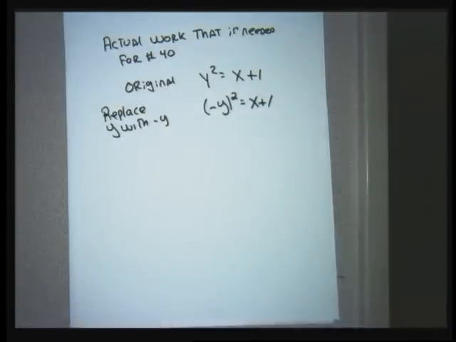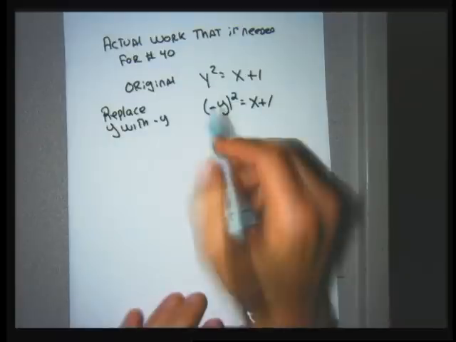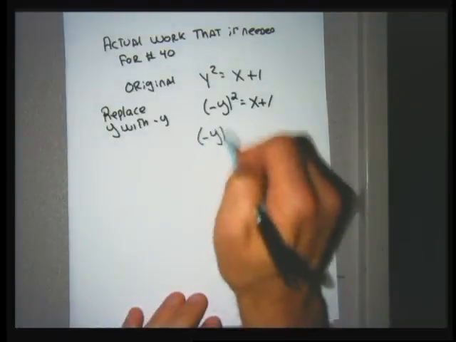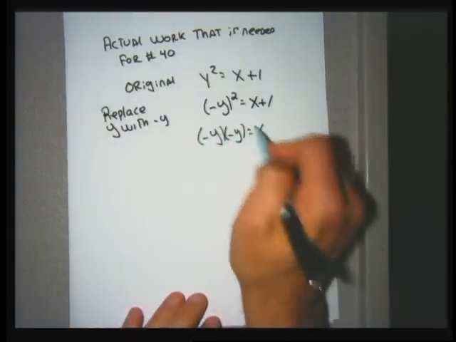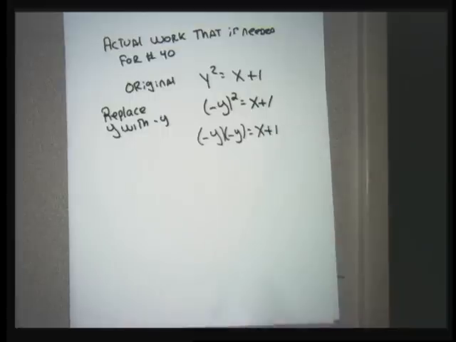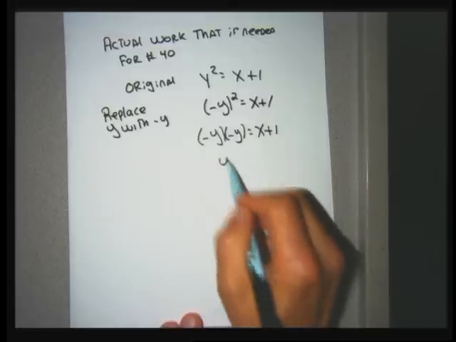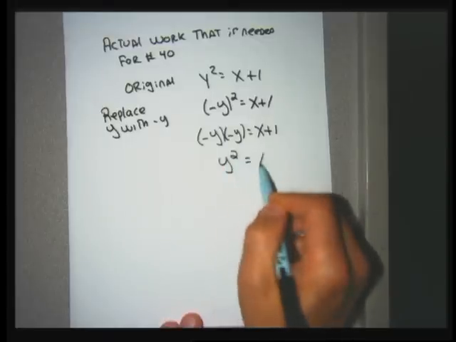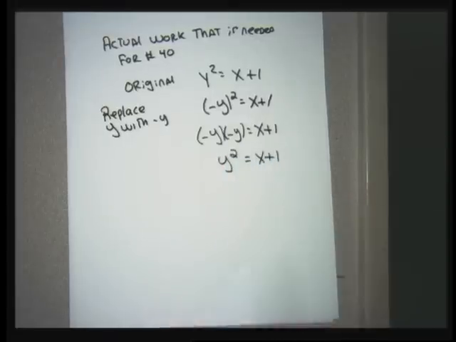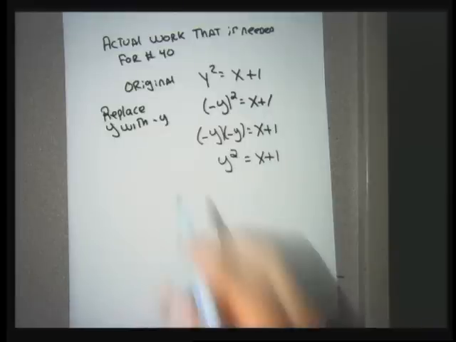And it's almost no algebra. If I get rid of the exponent, I get negative y times negative y equals x plus 1. I'm multiplying two negatives, so the left side simplifies to be a positive. And I'm multiplying two y's, so I get a y squared. So when I change the y to negative y, write it without the exponent, write it with repeated multiplication, the left side simplifies to be the original problem.